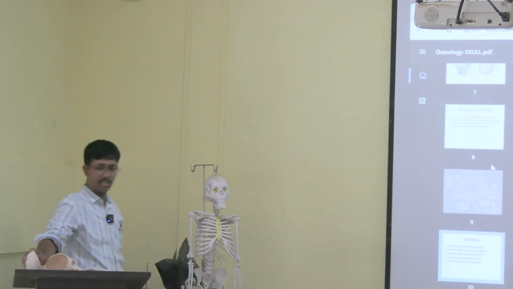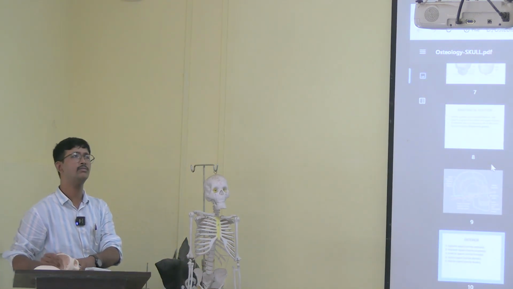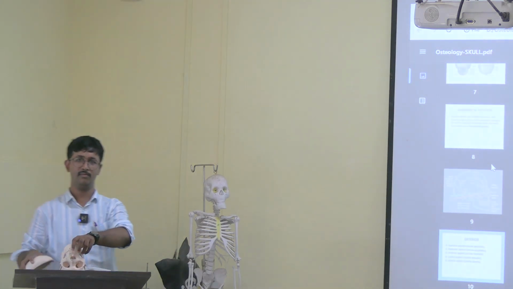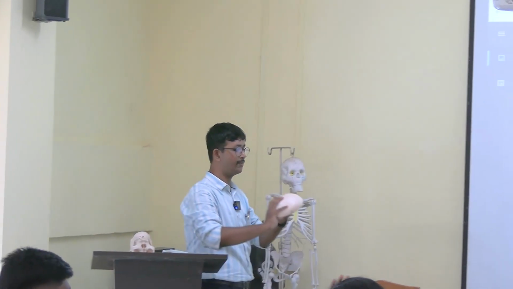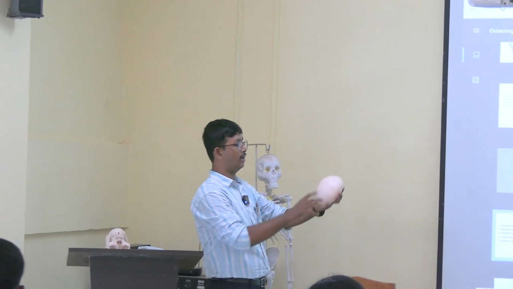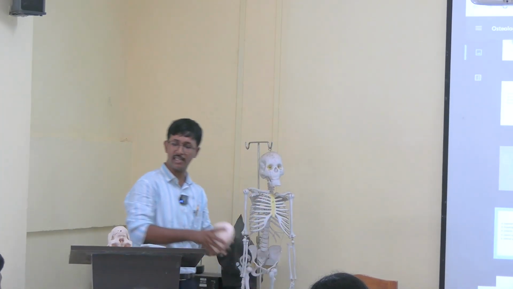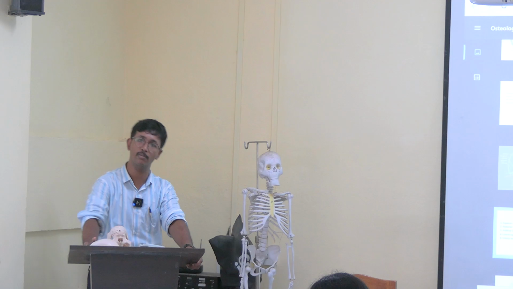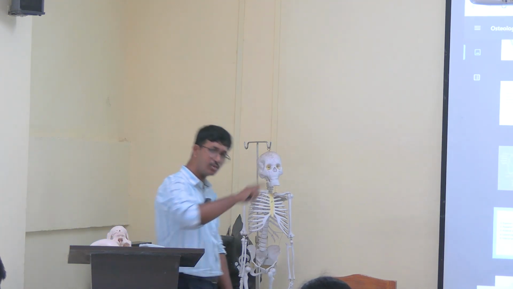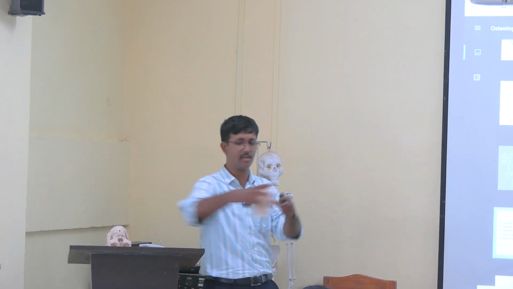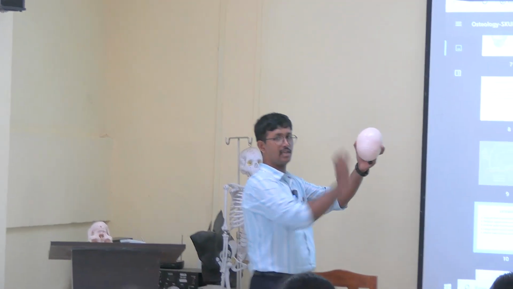Now coming to the exterior part. The exterior of the skull has norma verticalis, norma frontalis, norma lateralis, norma occipitalis and norma basalis. The superior part is your norma verticalis.